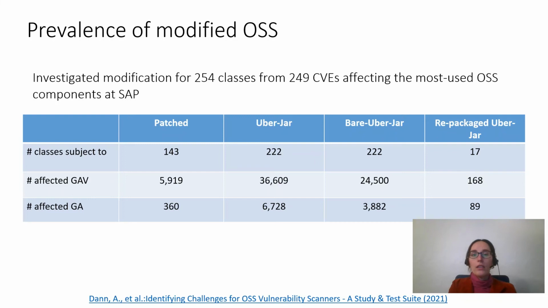We investigated the prevalence of this modification using 254 classes from around 250 CVEs affecting the most used open source software components at SAP.